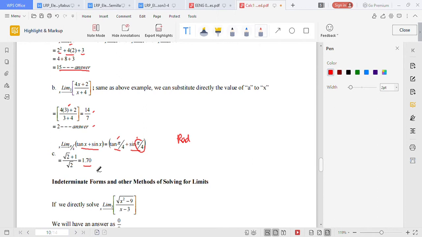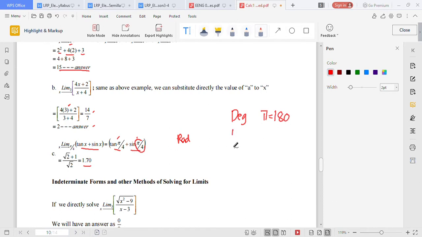Or if you're going to recall, in degrees, pi is equal to how many degrees? That is 180. So, if your calculator is in degree mode, pi is equal to 180.